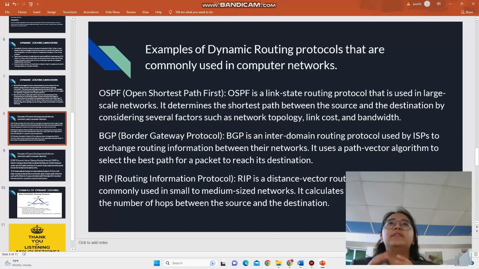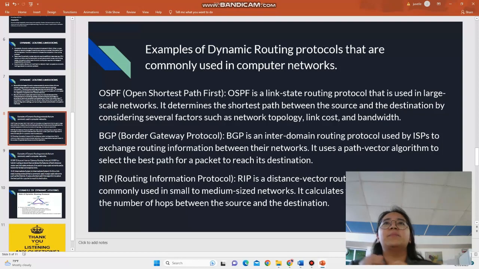So, these are my examples of dynamic routing protocols that are commonly used in computer networks. OSPF, which means Open Shortest Path First. OSPF is a link state routing protocol that is used in large-scale networks. It determines the shortest path between the source and the destination by considering several factors such as network topology, link cost, and bandwidth.